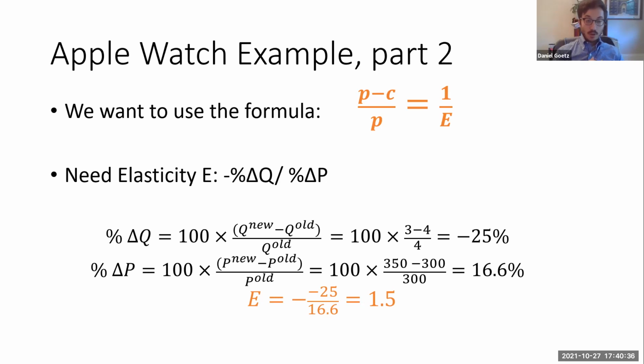When we take this ratio, which is the elasticity, we end up with 1.5, 25 divided by 16.6. What does that number mean? If I increase prices by 1%, quantity is going to fall by 1.5%.